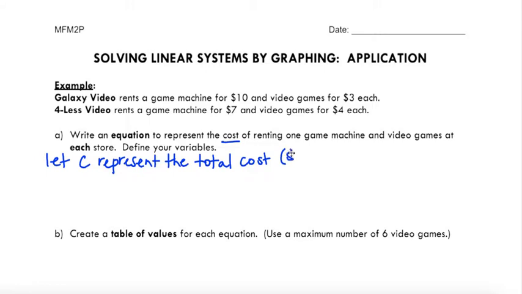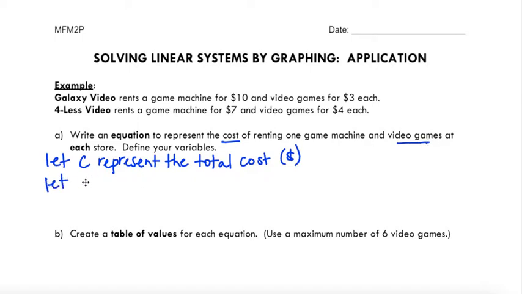And some people like to put that it's represented in dollars, especially if you're dealing with currency from another country, but we're going to assume it's dollars for us. And we also have to know how many video games we're renting. So that's going to be the other variable that we have.